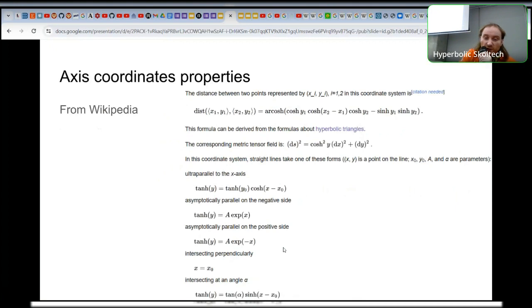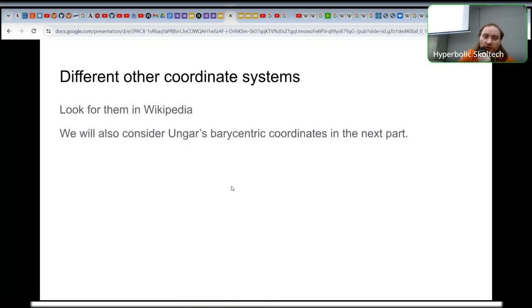Actually, you also might have equations for straight lines. You also might have a metric tensor in these coordinates.